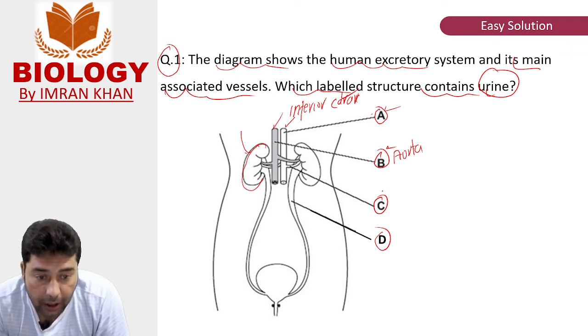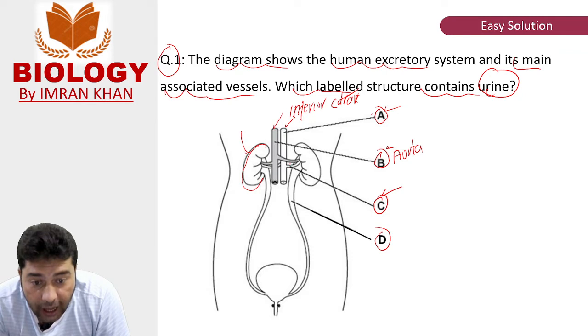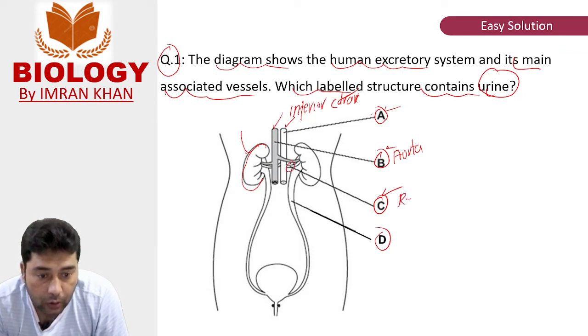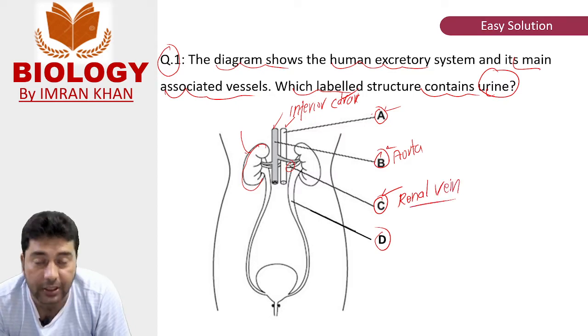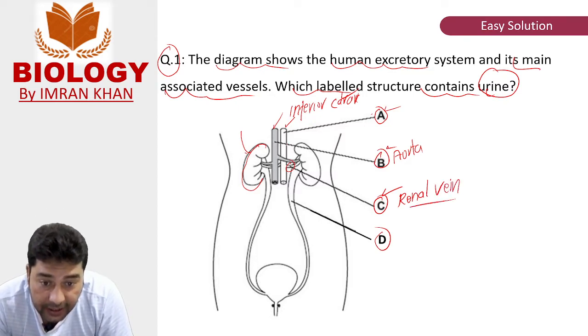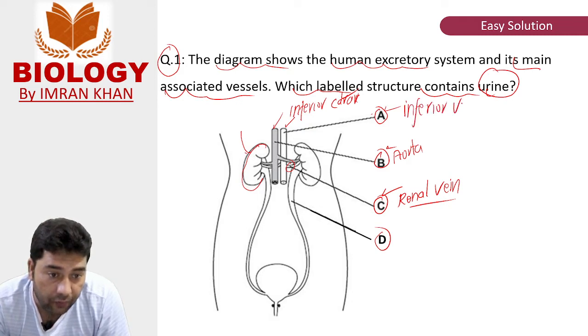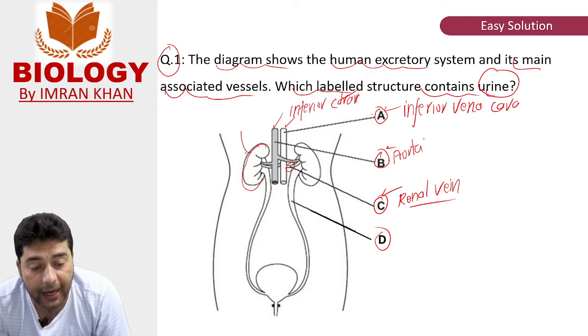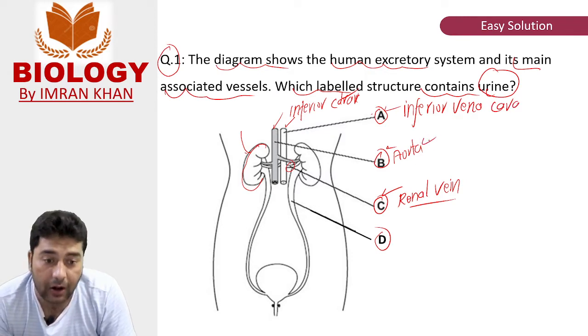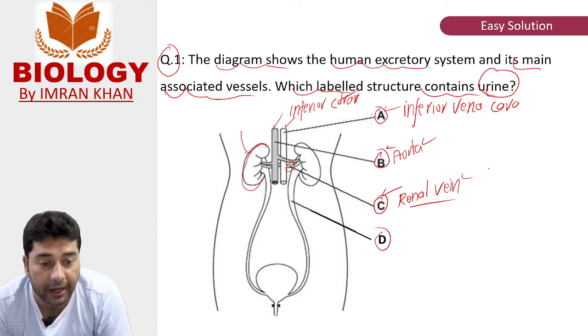So option Charlie is a renal vein that collects deoxygenated blood from the kidney and enters the inferior vena cava. So labeled structure A is the inferior vena cava, labeling beta is the main artery called the aorta, and option C, Charlie, is a renal vein.